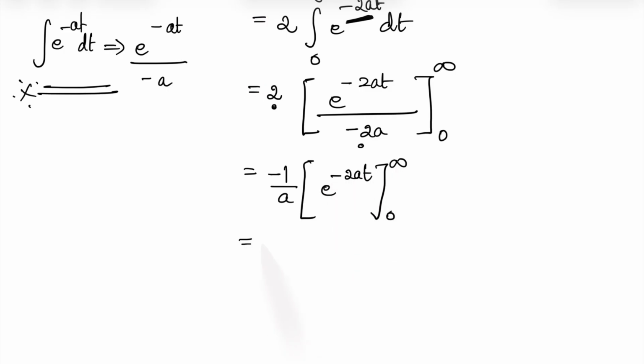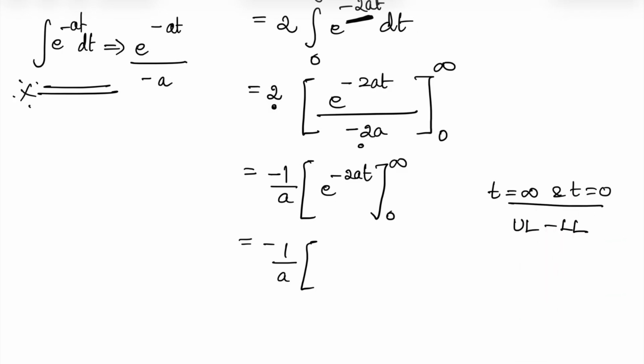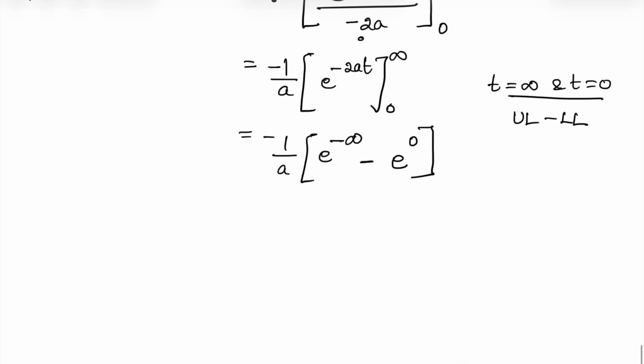I need to substitute the value t equal to infinity and t equal to 0, upper limit minus lower limit. So e power minus infinity minus e power, in the place of t if I substitute 0, it becomes e power 0. So again this becomes minus 1 by a.